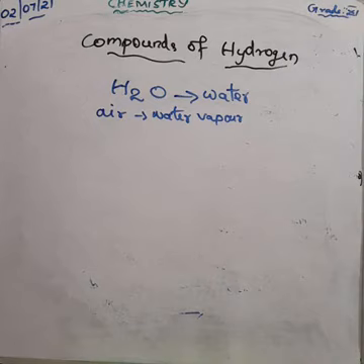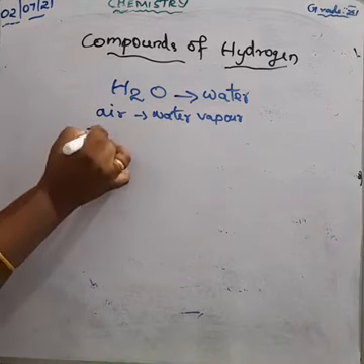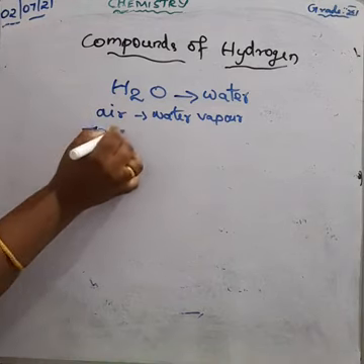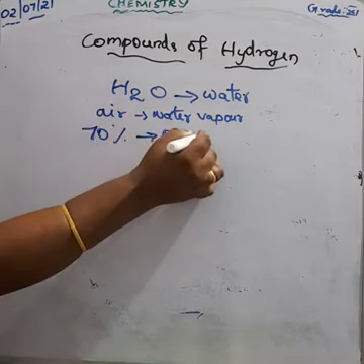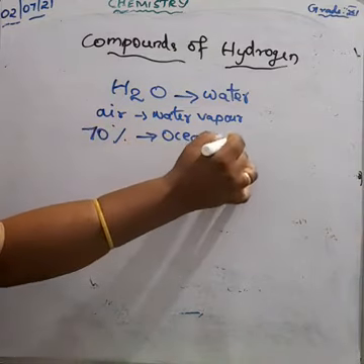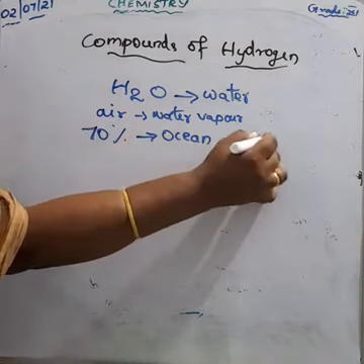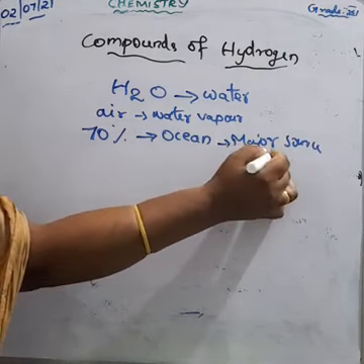We know about water. Our earth's surface contains approximately 70% ocean, which is the major source of water. Ocean is the major source of water. 70% of the earth is covered by the ocean.